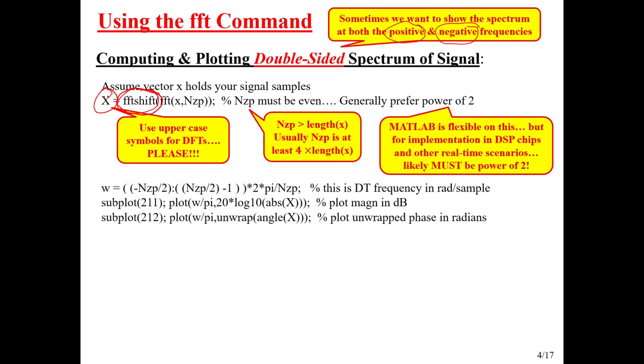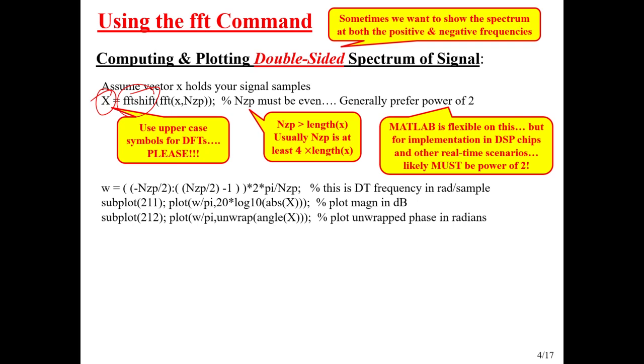And then we just need to create a vector to plot this against. We need to make sure it's the same length as capital X. We need to make sure that it starts at minus pi. So this FFT shift brings the minus pi frequency down, and the very first element in your result is at a frequency of minus pi radians per sample.